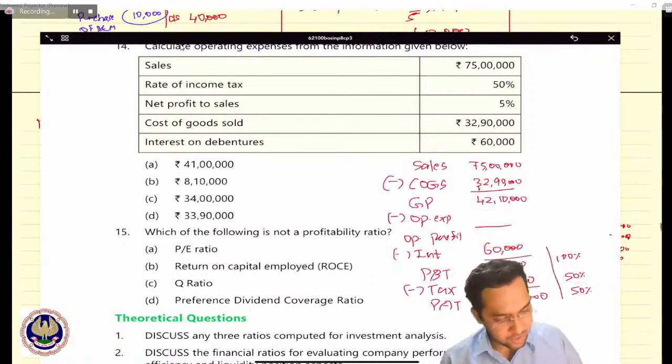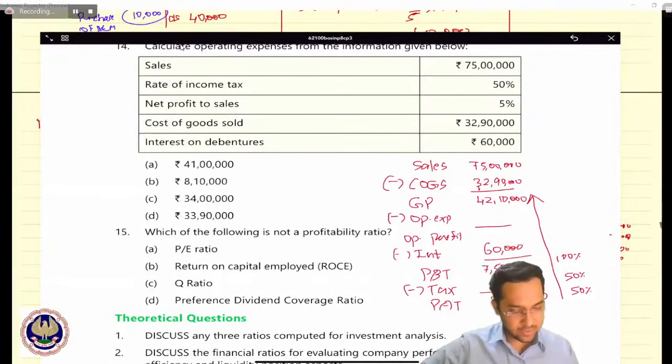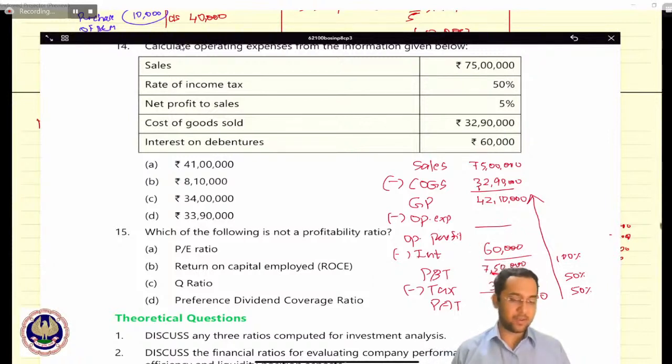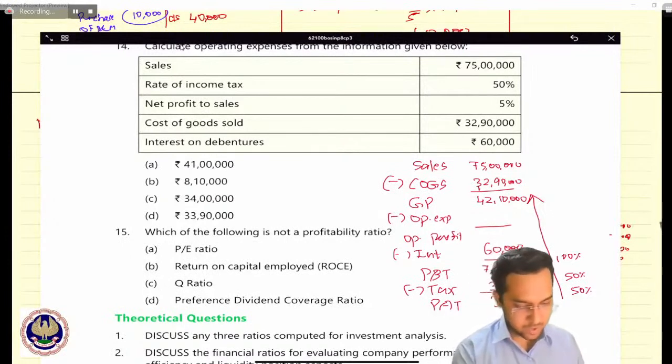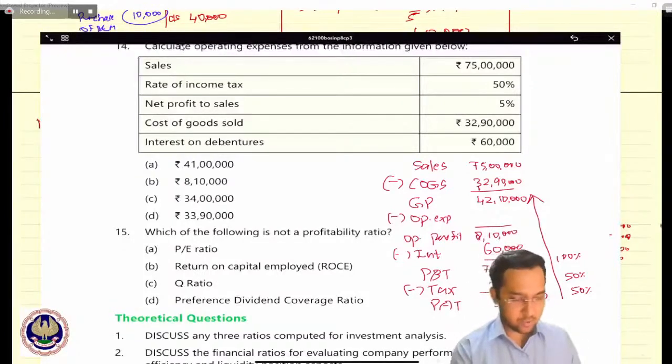you'll have to go in a reverse way. With 7 lakh 50,000 and 60,000, if I consider both of them, operating profit will work out to be 8 lakh 10,000.